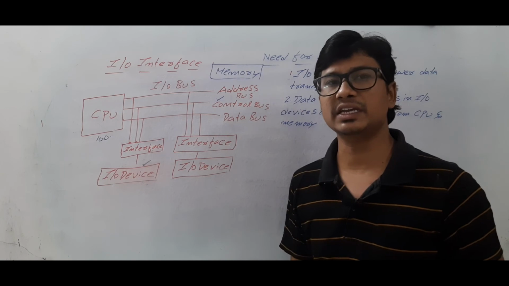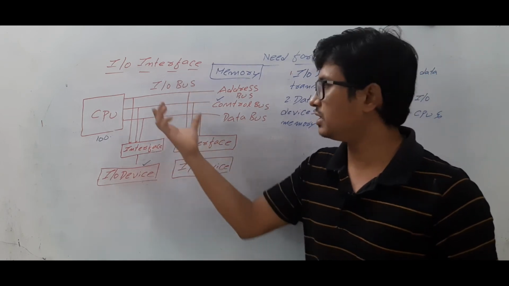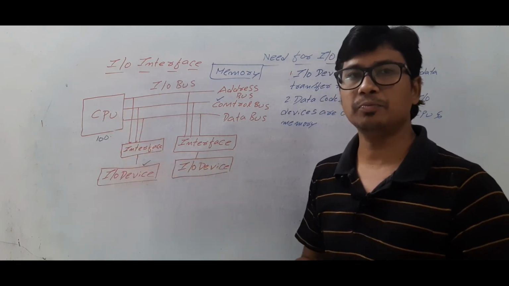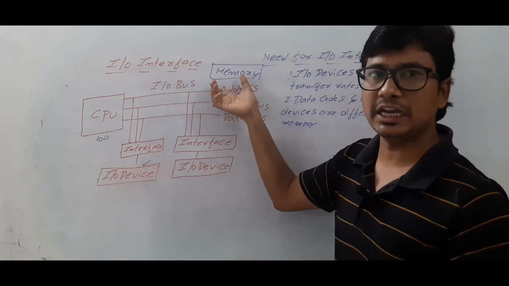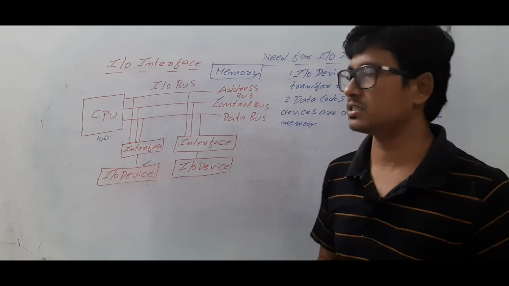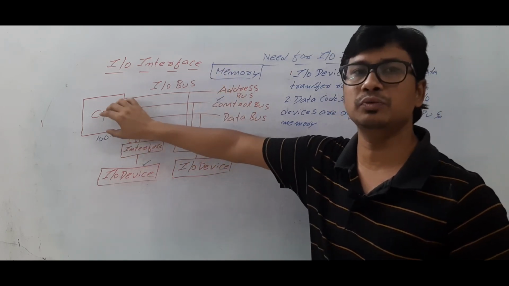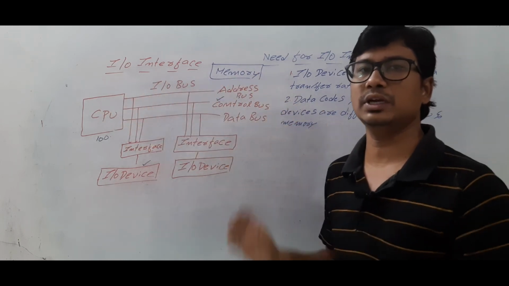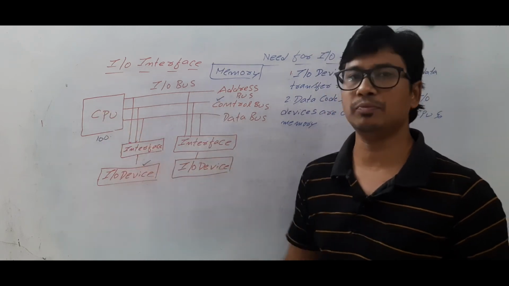So the master of this bus, the one that controls the bus for maximum time, we call the bus master. Except in direct memory access, the CPU will always be the bus master. Only in the direct memory access technique does the CPU transfer its bus duties to the direct memory access unit, so that the communication happens without the help of the CPU.